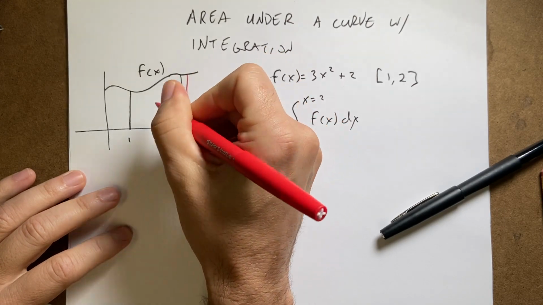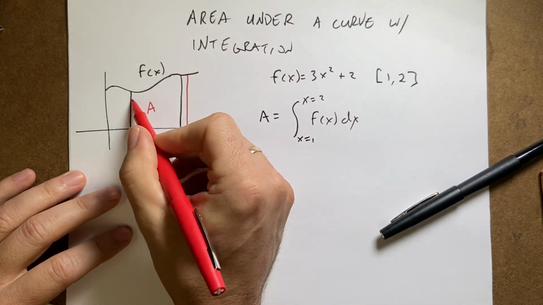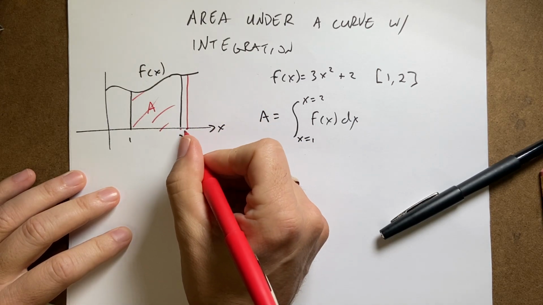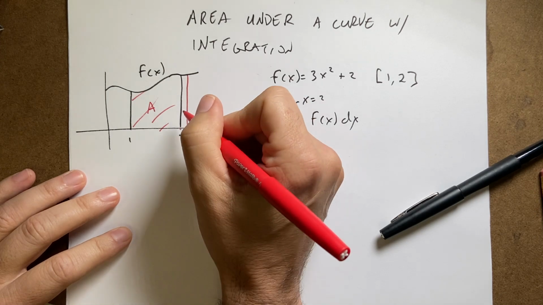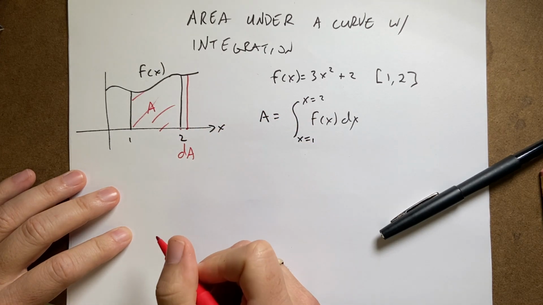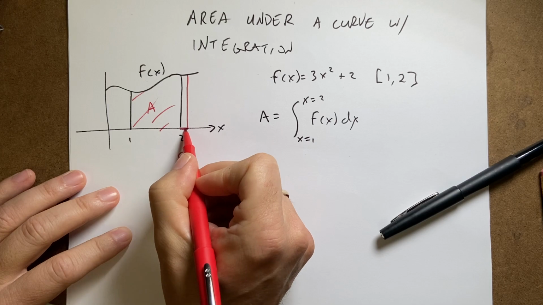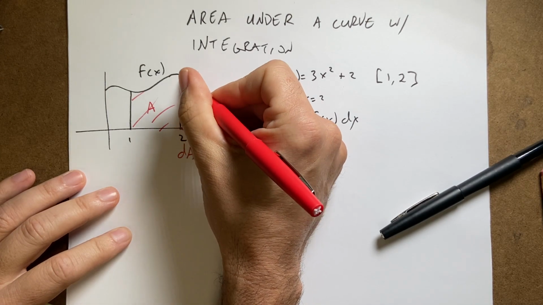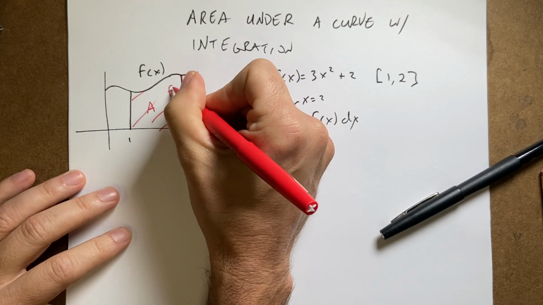Suppose that this is my area right there, and then I move a little bit more, and I find a change in area. I'll call that dA. And this distance right here, let's call that delta x, and this height right here is going to be f of x.